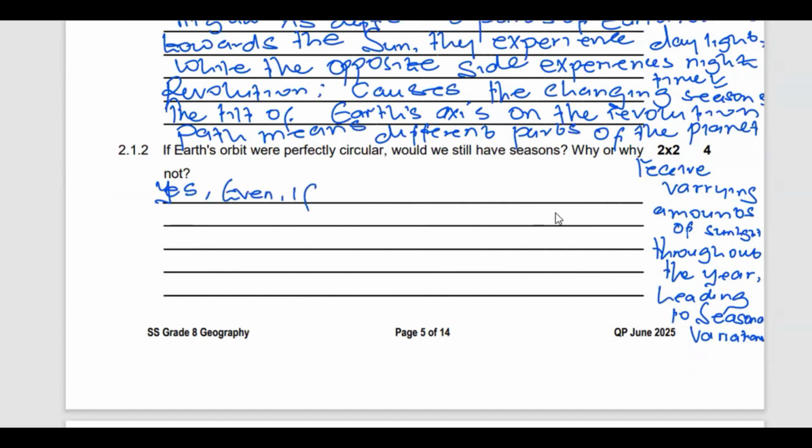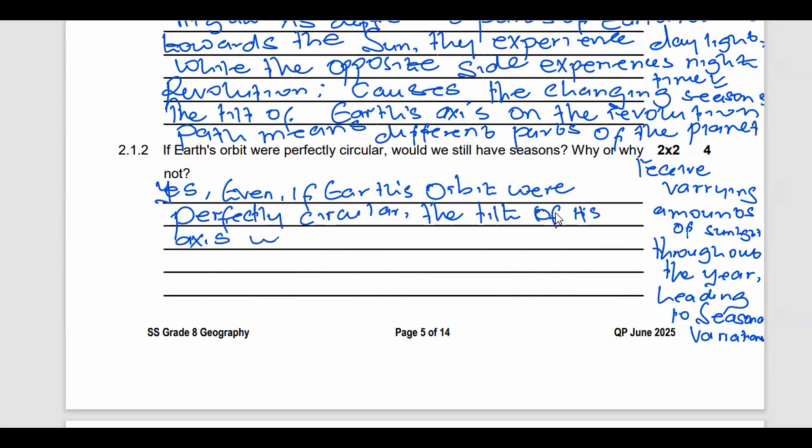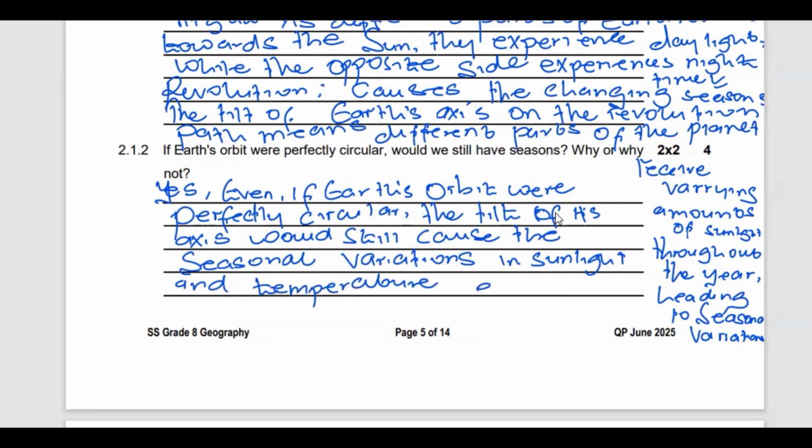Even if Earth's orbit were perfectly circular, the tilt of its axis would still cause the seasonal variations in sunlight and temperature experience.